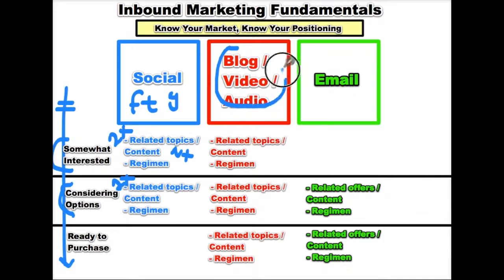Again, this is probably going to be in this category here, with our own content that appeals to somebody who's considering their options. They're thinking about, what fitness program do I buy? Which fitness regimen do I commit to really change my life this year, to really transform my body this year? So we'll determine a certain regimen that we want to appeal to in terms of those folks. Part of this will be a factor of how many people on our fan page do we think are in each category.